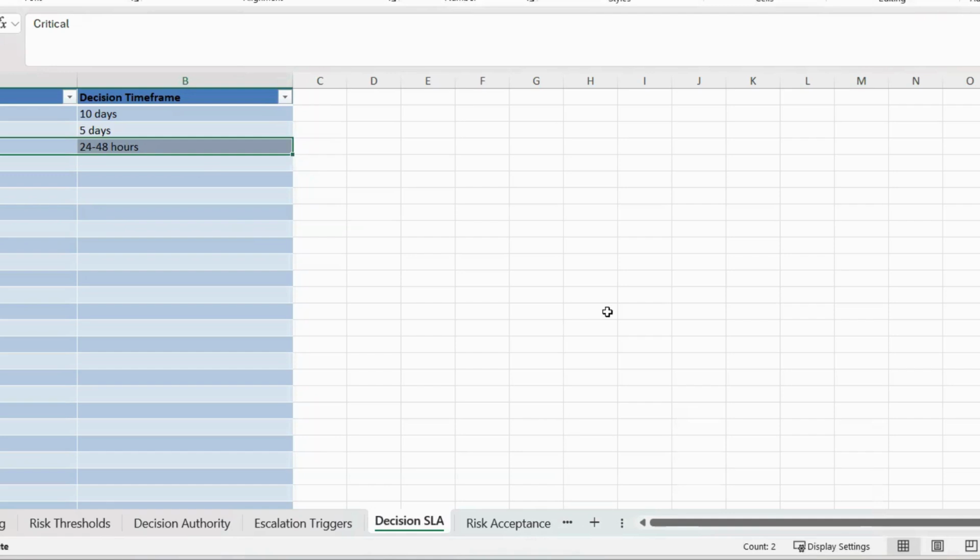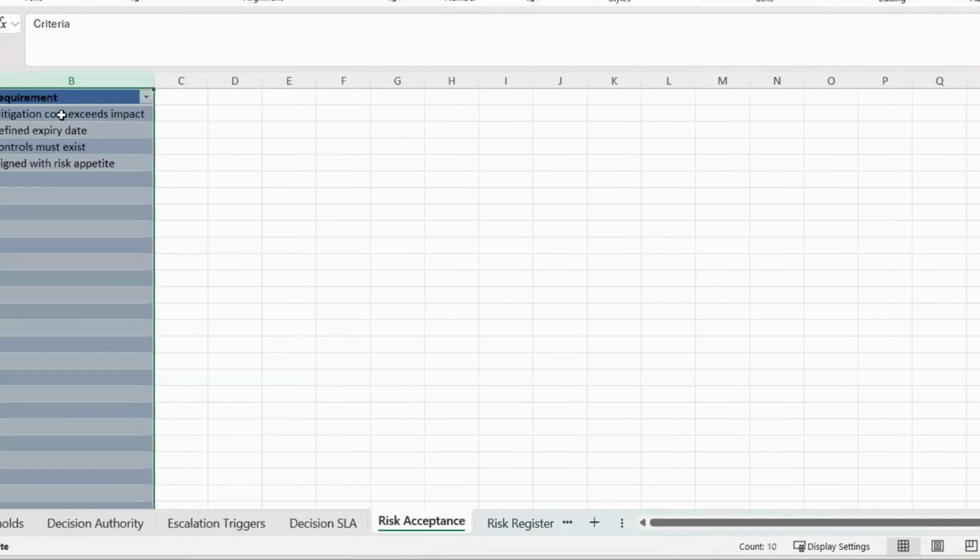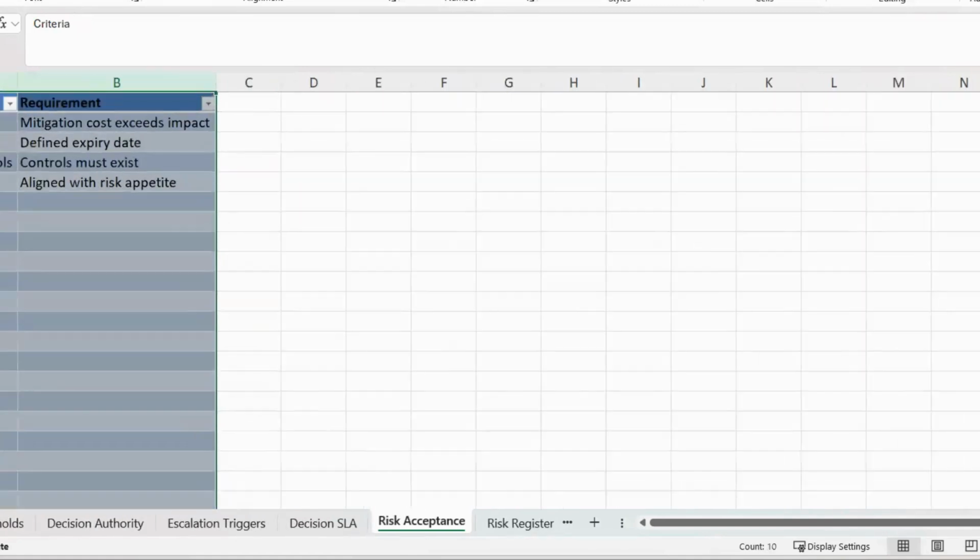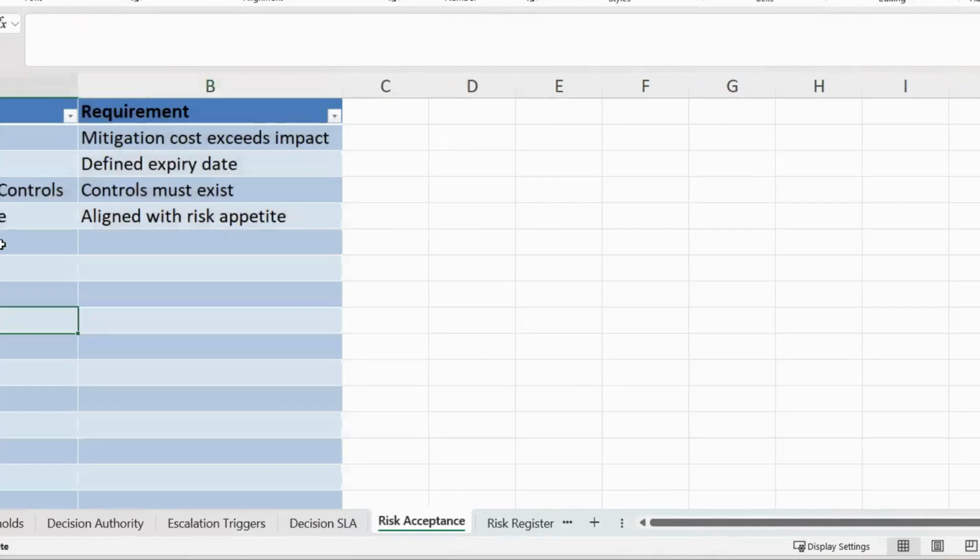Secondly, as part of this process as well, you want to look at defining risk acceptance in the organization. So this is where you define what acceptable risk means. And the risk can only be accepted if cost of mitigation is greater than risk impact, your temporary acceptance, where a remediation plan and compensating controls exist, within risk appetite.